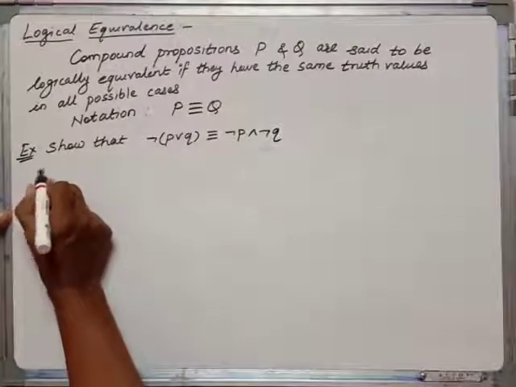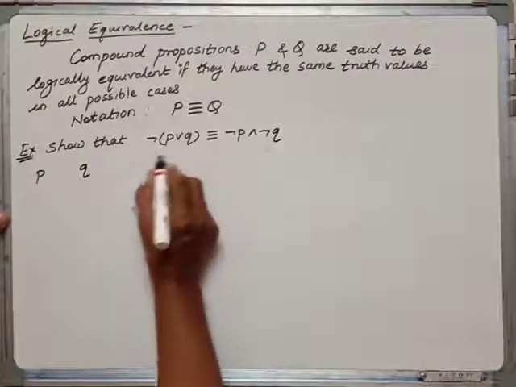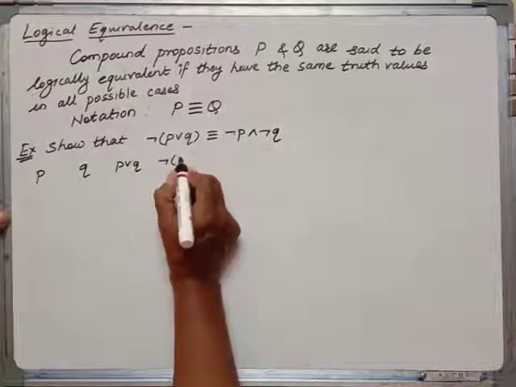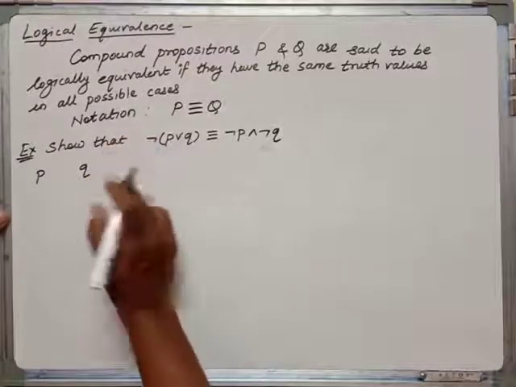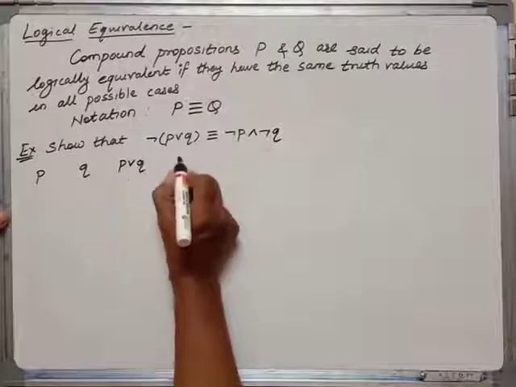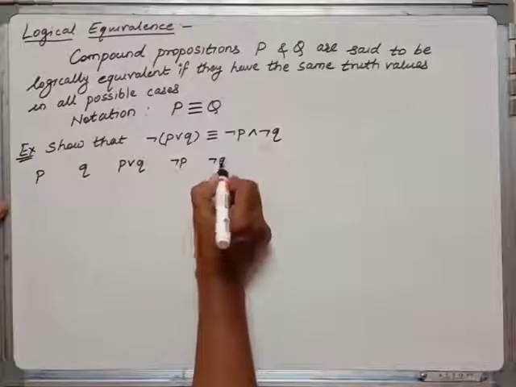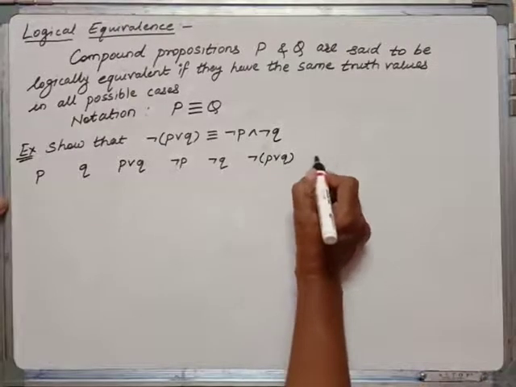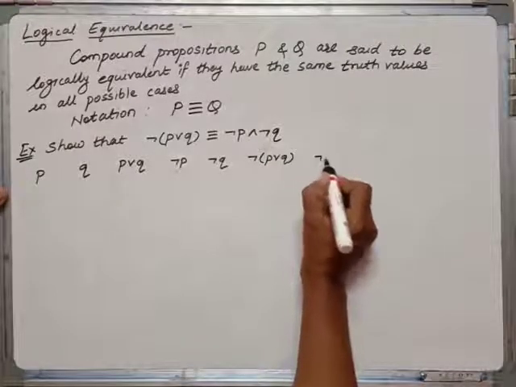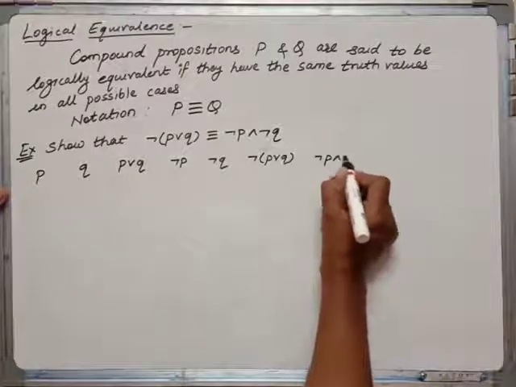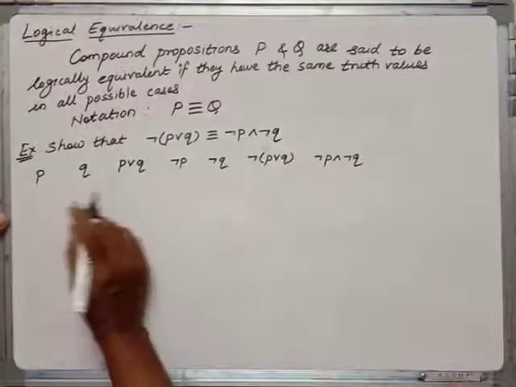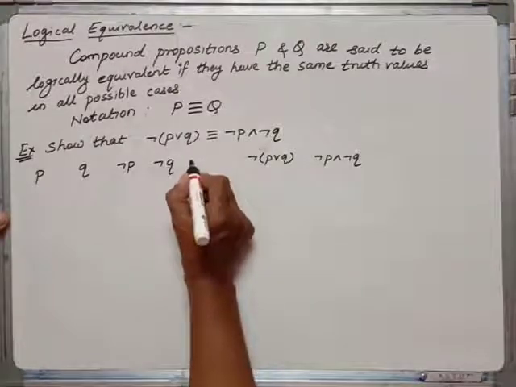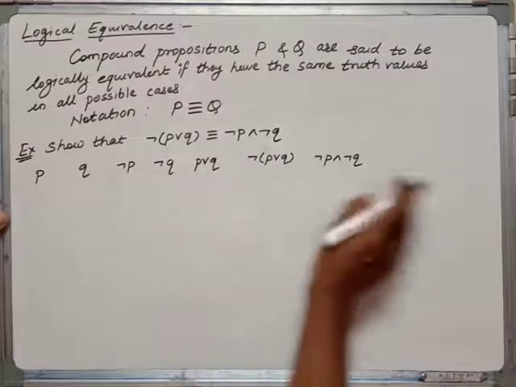Two variables, so I will take P, Q. Now we need P or Q, then negation of P or Q, then negation P, negation Q, and then negation P and negation Q.